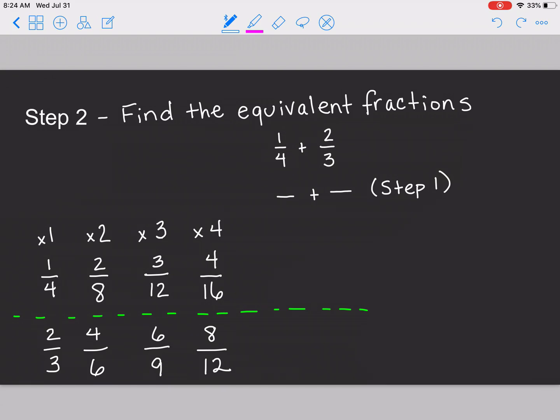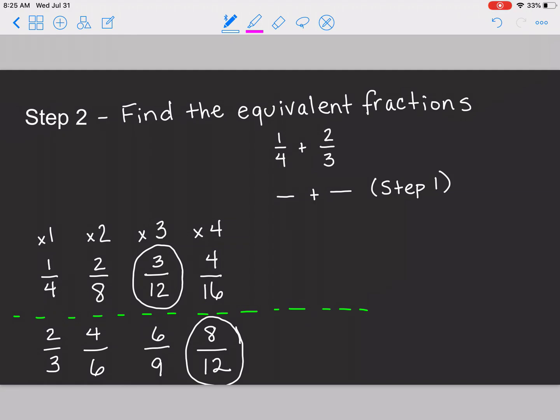So I see that for 1/4, I have 3/12. For 2/3, I have 8/12. So here's where my denominators, those bottom numbers in the fraction, match. They are the same. So now I've found an equivalent fraction for 1/4 and an equivalent fraction for 2/3 that have the same denominator.